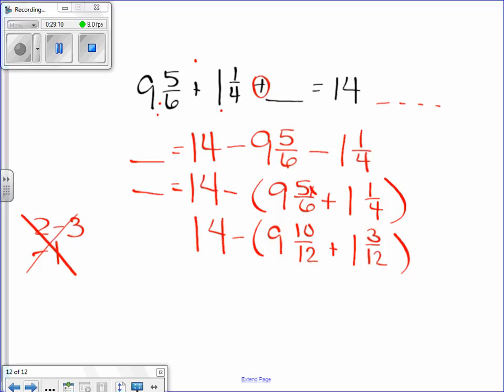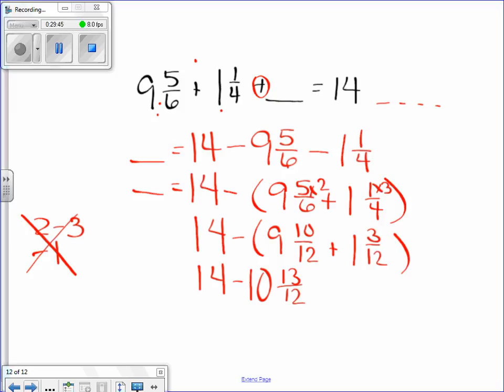Because 6 goes... I was just trying to go ahead and do it. 14 minus 10 plus 3, 13 plus 2, 9 plus 1 is 10. So 14 is out.